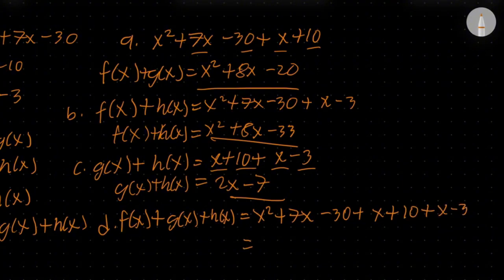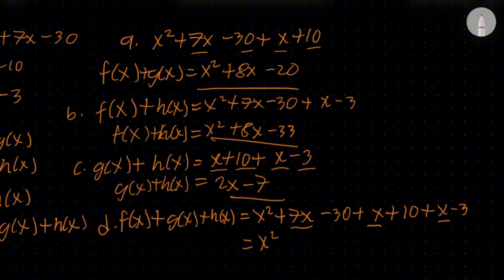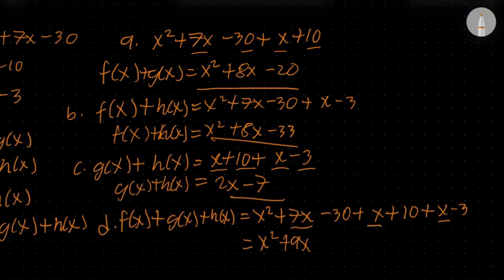We're gonna add up like terms. 7x plus x plus x is 9x. Negative 30 plus 10 is negative 20. Minus 3 is negative 23. And that is our answer.